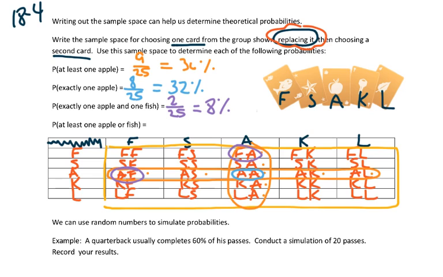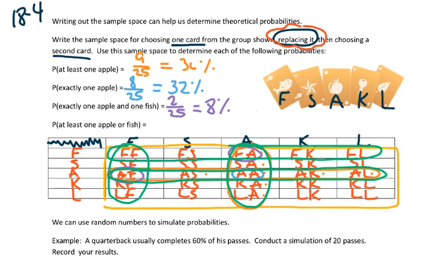And the last one, at least one apple or fish. So this one, at least one apple or fish, are all of these apples, these apples, these fish, and these fish. So you don't want to double count anything. So we're looking at all those.